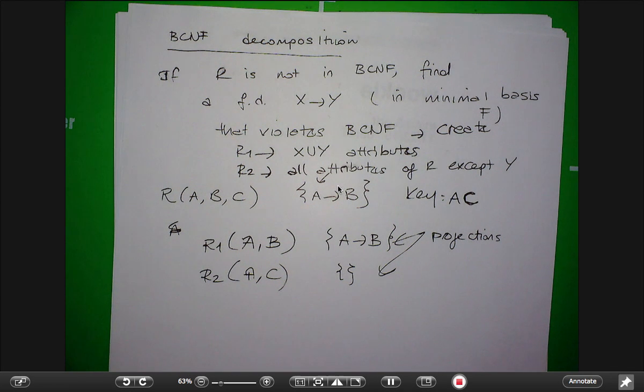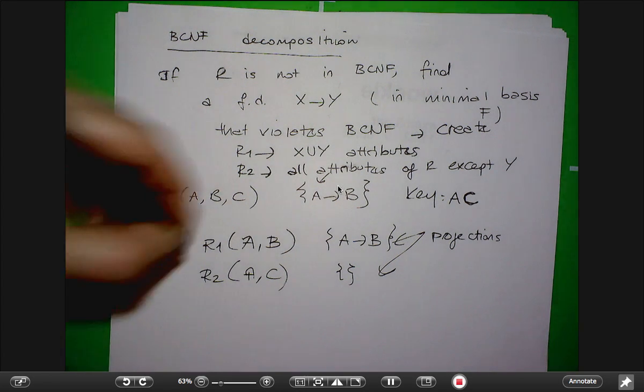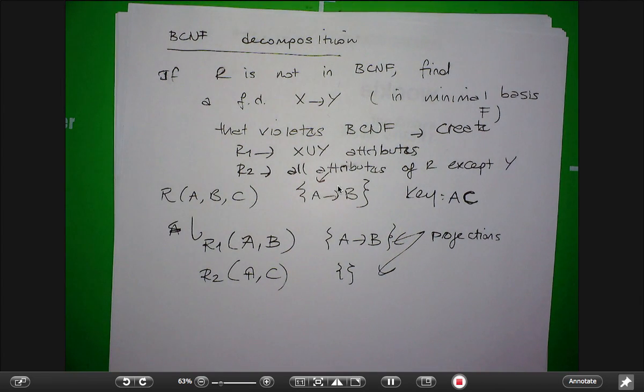Yes. Is R2 in Boyce Codd? Yes, no functional dependencies, nothing to violate. If they are both in Boyce Codd, you can stop. If they are not in Boyce Codd, then you have to continue recursively.